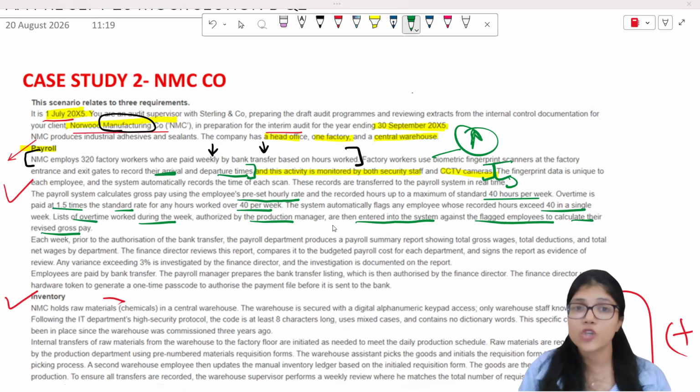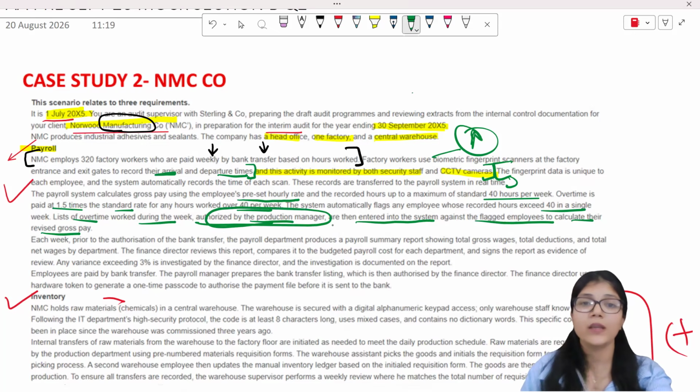Now this is a good thing that they are doing, because this control ensures that if you have overtime in place, you are paid for those hours genuinely worked, and it is also properly authorized. If they had not told us about the authorization portion over here, then this would have been a deficiency, right? Because see, it is good that you have automation in place, correct?